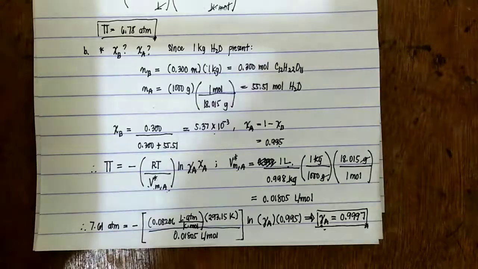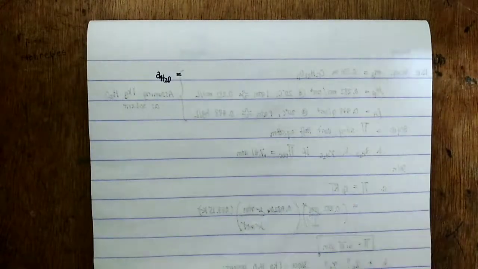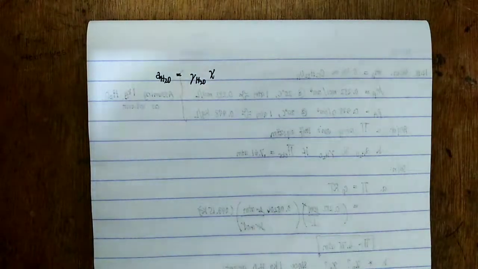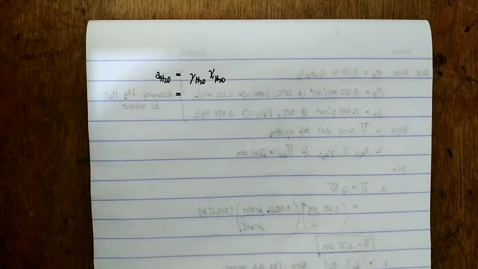As for the activity of the water, let's get a clean sheet of paper at the back. The activity of the water is simply equal to its activity coefficient times the mole fraction of our water. The activity coefficient we've already computed earlier.